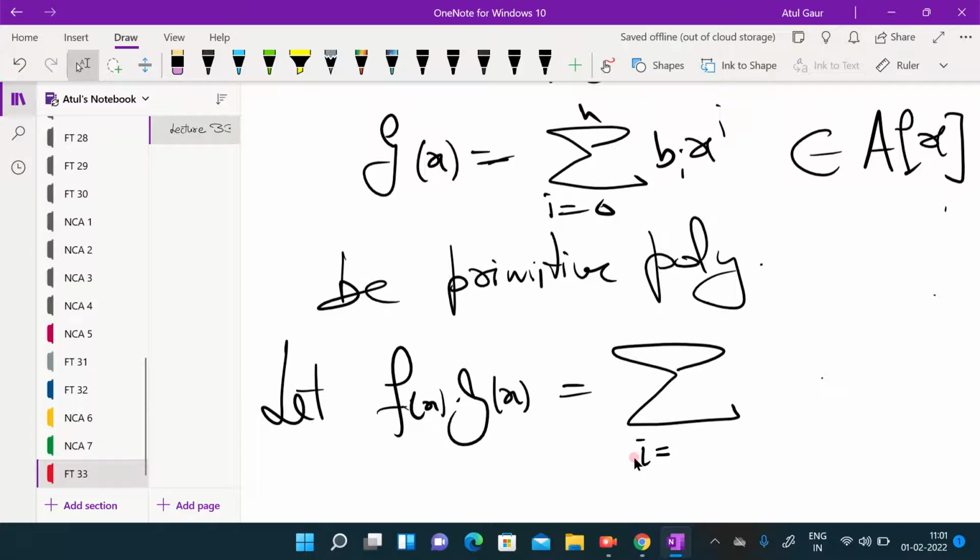Is that fine? j will be from 0 to m plus n.